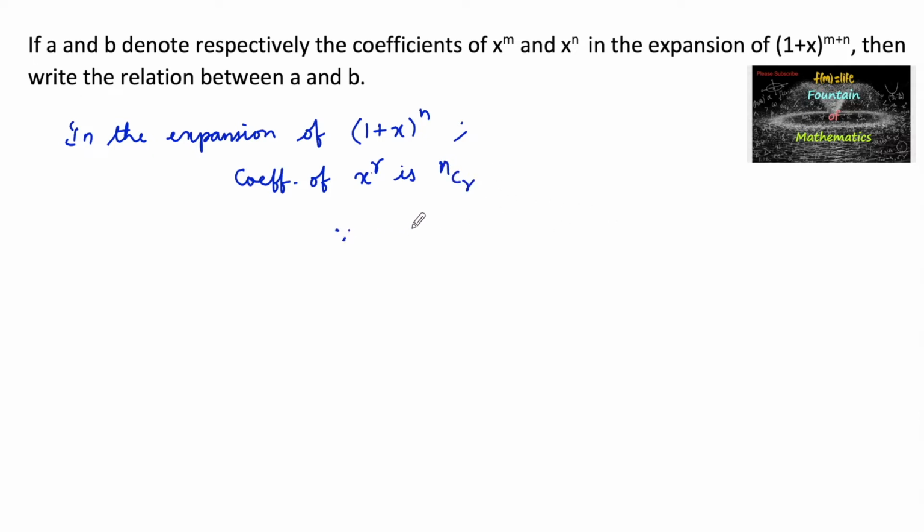Since (1 + x)^n can be given as the summation r = 0 to n of nCr x^r, the coefficient of x^r is nCr.